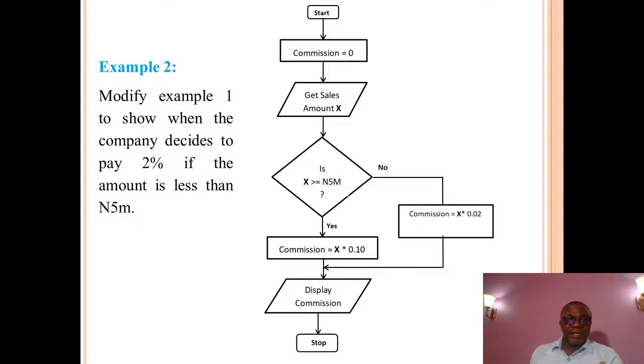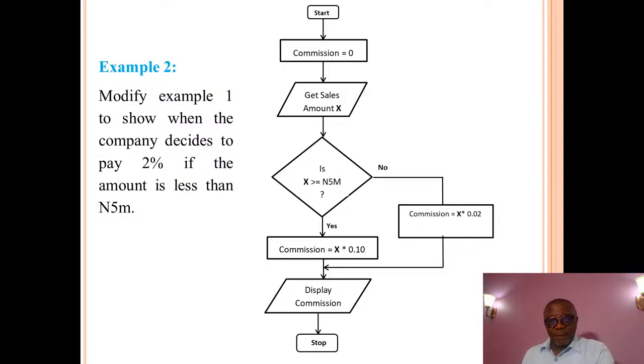But we are saying here, we want to modify that so that you get 2% if your sales is not up to 5 million. So we start again, you initialize commission. Commission equals 0. You get the sales amount X.